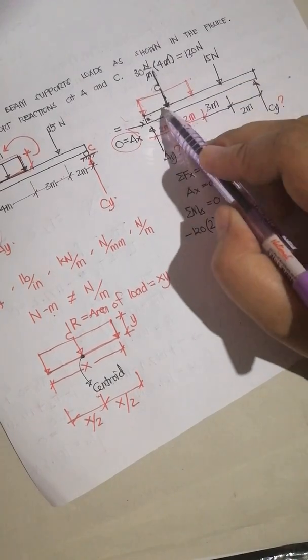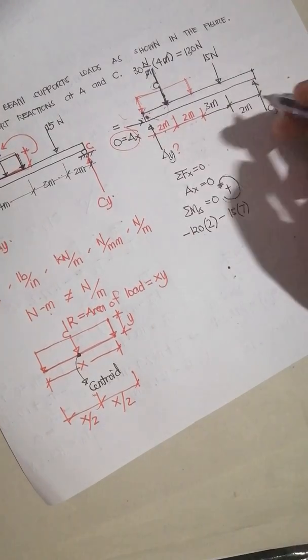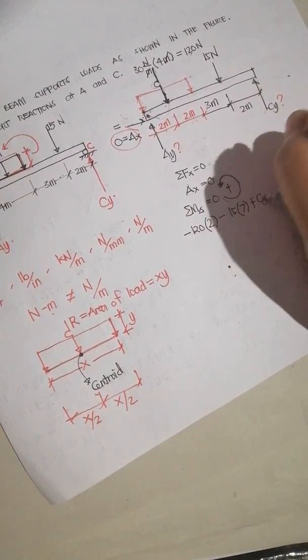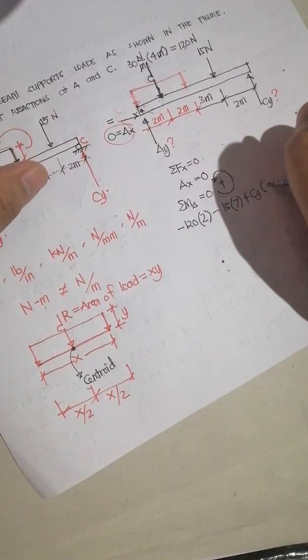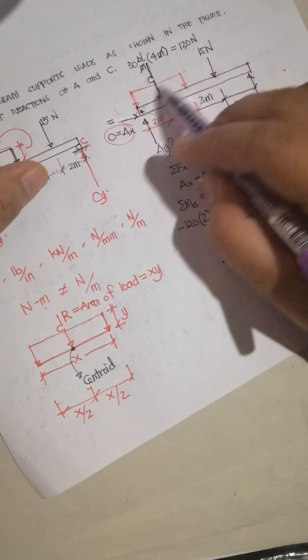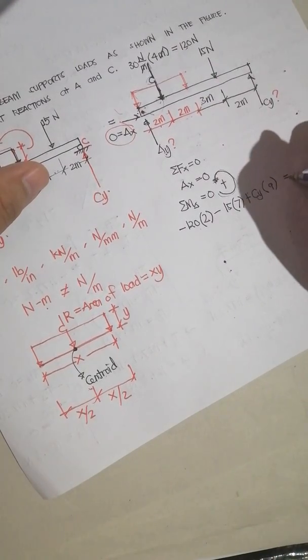Then what else? We have this one, Cy, moment about A. That would be positive, force times perpendicular distance. So all in all, this is 9 meters. We no longer have any other moment or force that has moment about A, so this is all that there is.